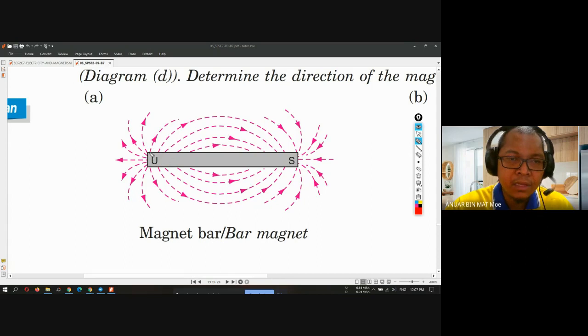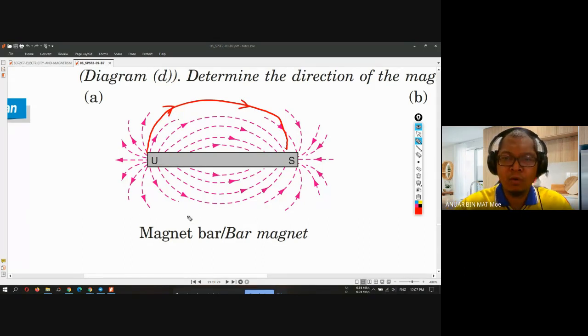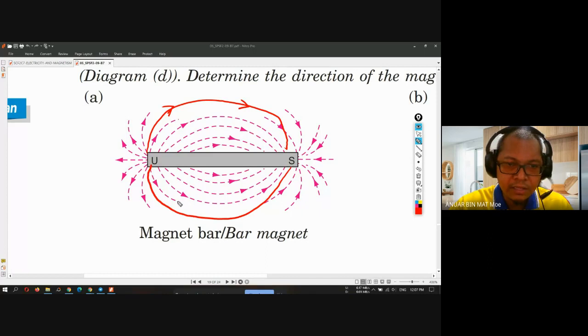Let me draw another line over here. Don't forget to draw the magnetic arrow showing the direction. If I draw another one, starting from north again, the direction of the magnetic field is always from north, and then it enters the south.